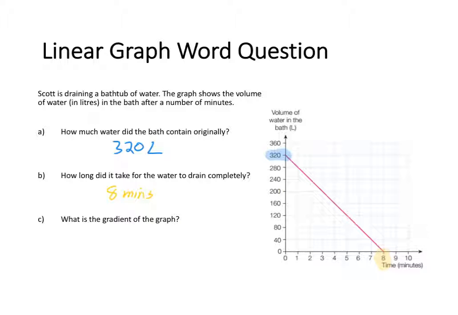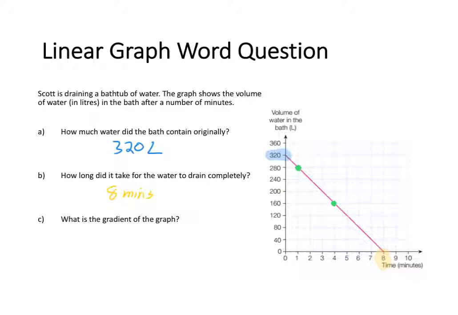The third question asks us to find the gradient of the graph. We can find the gradient by using our normal process. First we need to identify two sets of coordinates, and I'm going to identify (1, 280) and (4, 160).